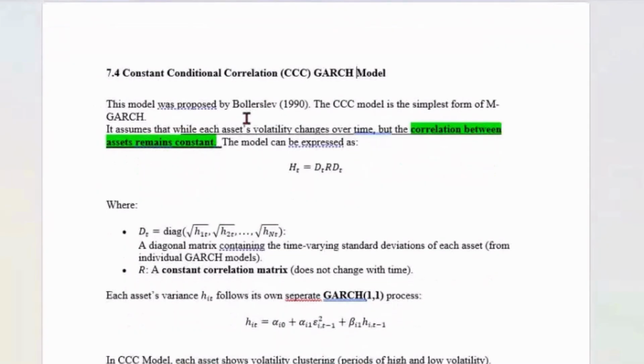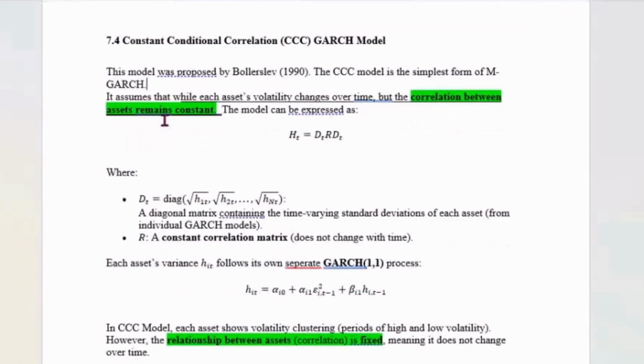The CCC GARCH model is the simplest form of GARCH model. It assumes that each asset's volatility changes over time, but the correlation between the assets remains constant. This is the basic assumption of this model.